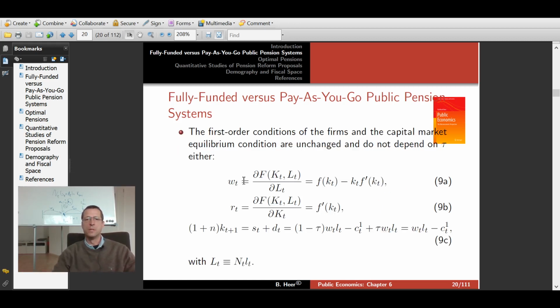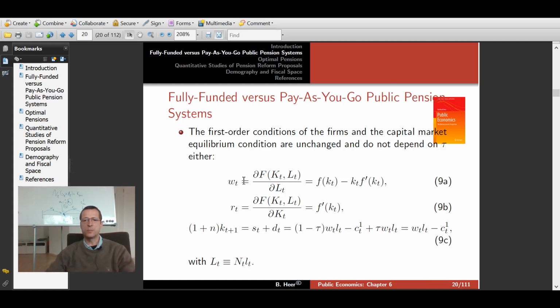Again, we have the first order conditions of profit maximization, so that the wage and the interest rate are equal to the marginal product of labor and capital, respectively, so they only depend on the capital intensity K. And we have the capital market equilibrium condition 9c, so the total savings ST plus DT is equal to the beginning of period T plus 1 capital stock, 1 plus N times KT plus 1 in per capita terms.